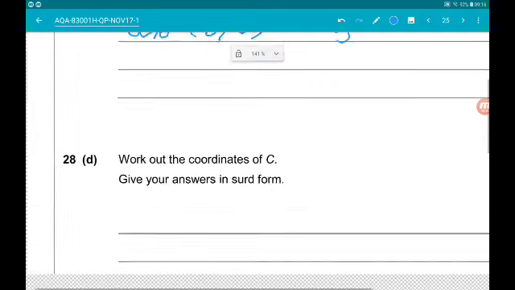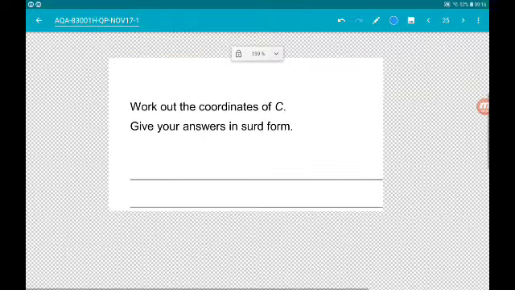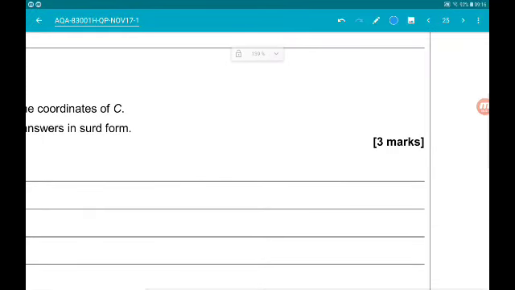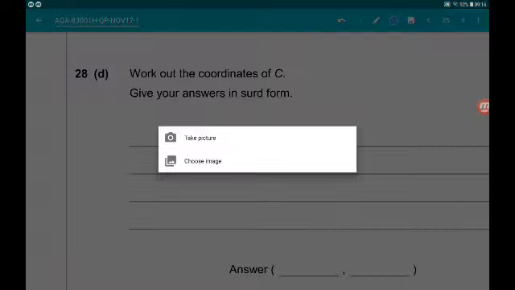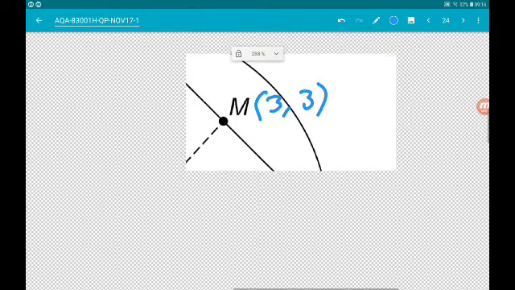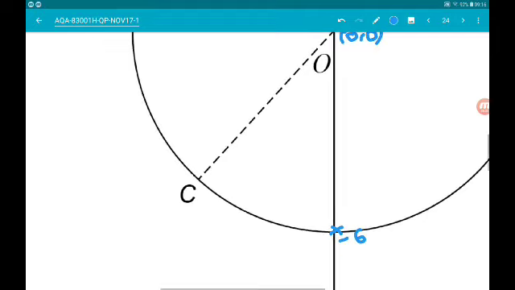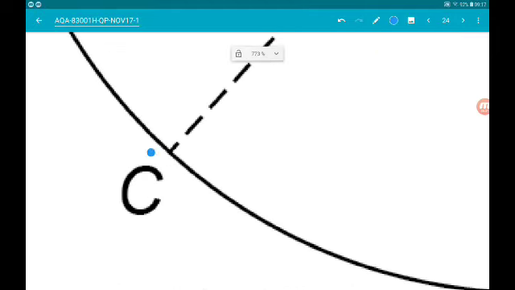Cool. Okay, then part D wants us to work out the coordinates of C. Giving your answer in surd form, and it's 3 marks. Okay, so this is now simultaneous equations. We're trying to find where this straight line hits this circle.